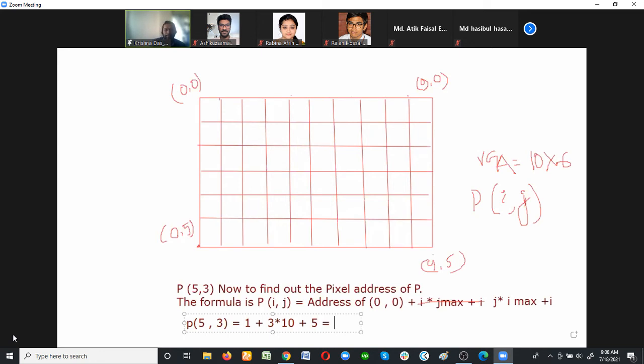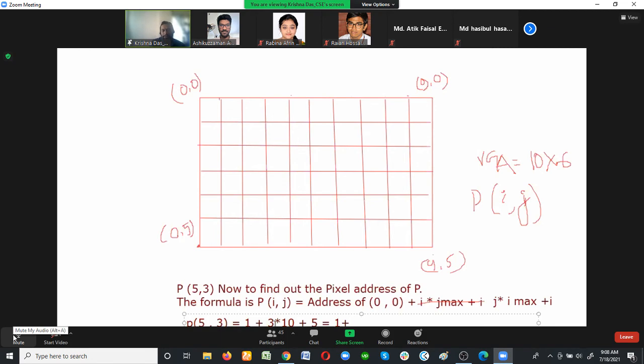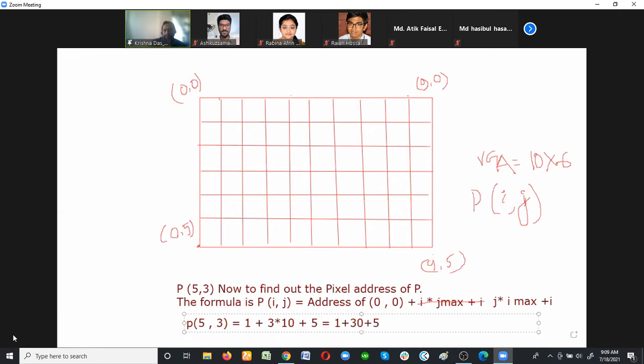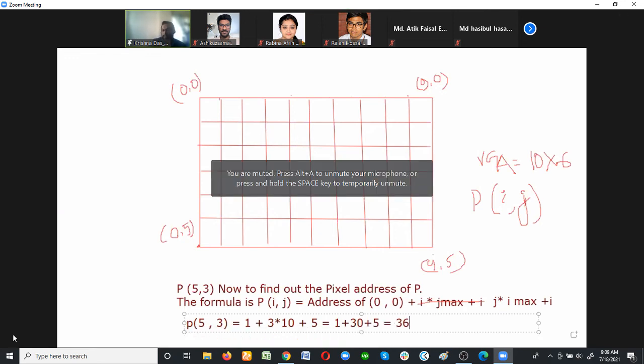So if we do the calculation here, the multiplication has to be done first, so 30 plus 5, and you get 36, right? The address we got is 36.